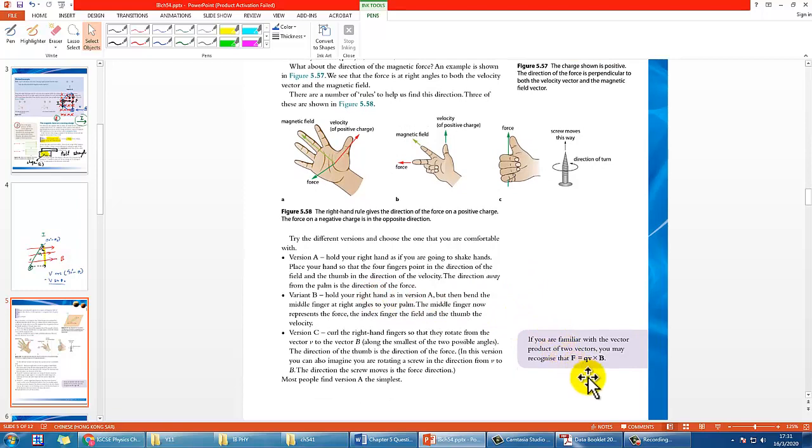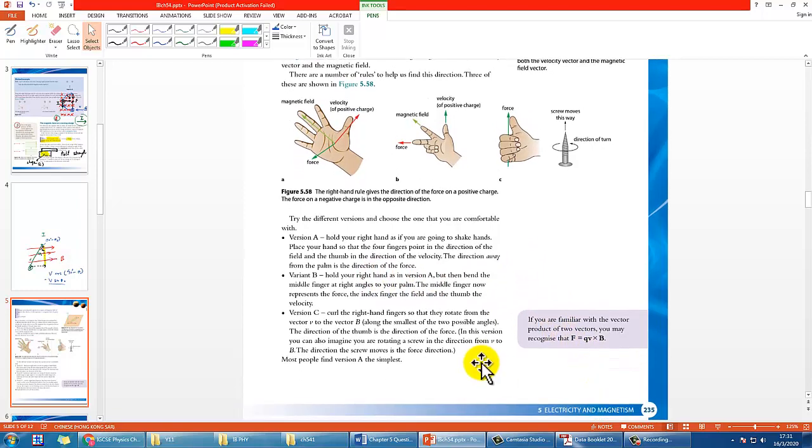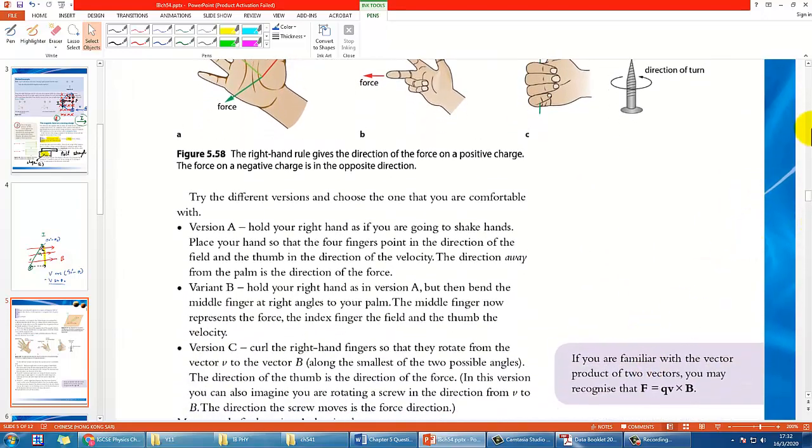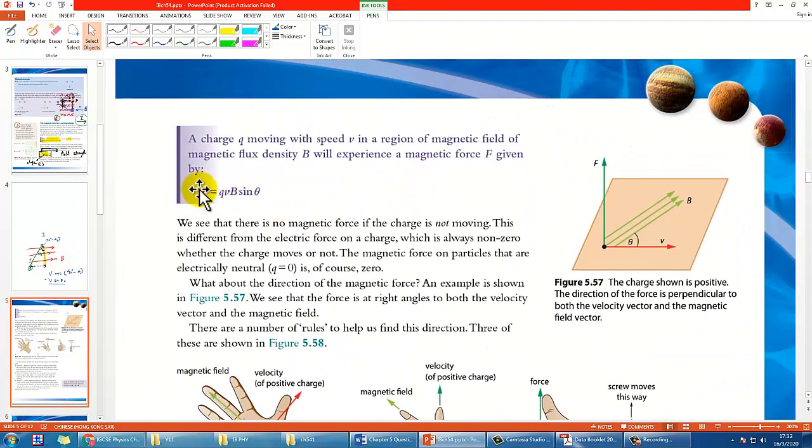Alright, and if you're interested in maths, and especially if you're an Excel student, you may want to pay attention that the formula we just used is in terms of magnitude. We calculate by magnitude, and the direction we determine in the usual way using hand rules.